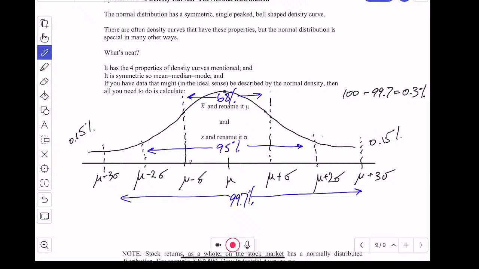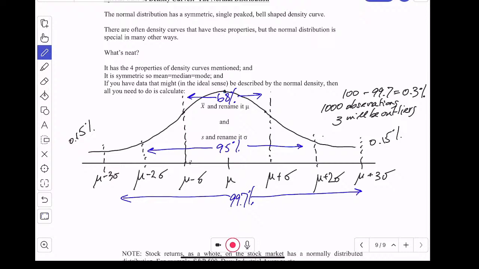So if there are 1,000 observations, 3 will be outliers. So this is not like the data that we analyzed for the student with spending money.